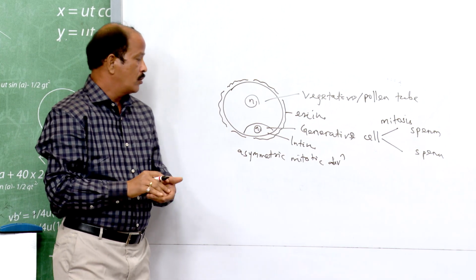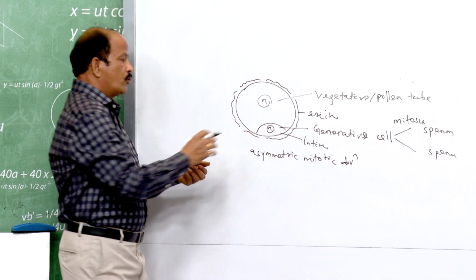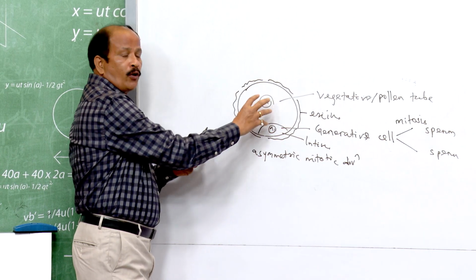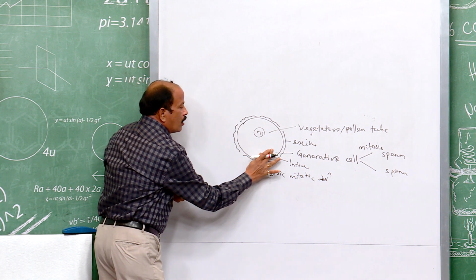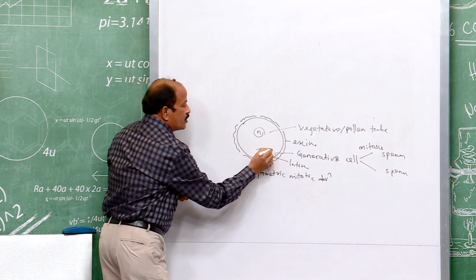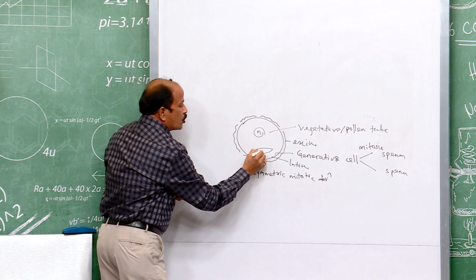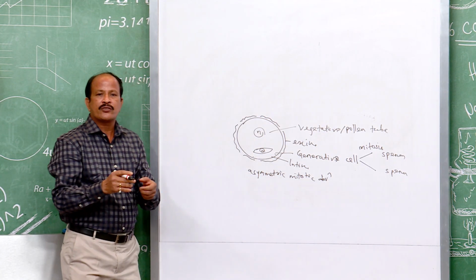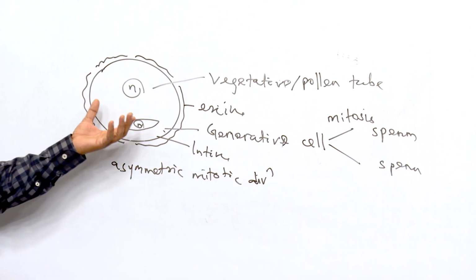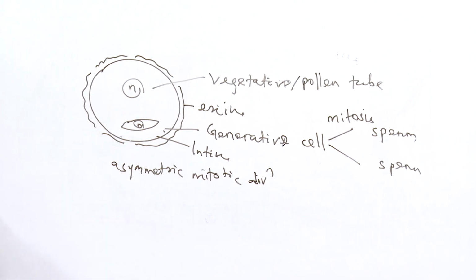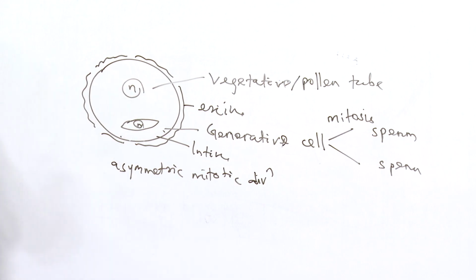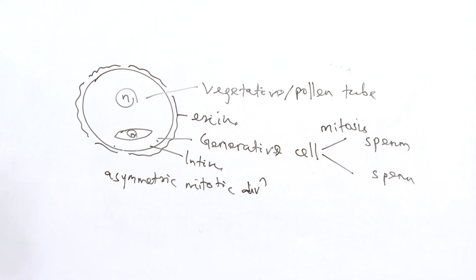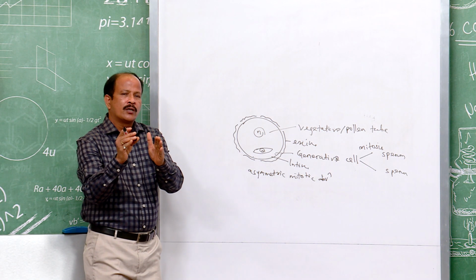Now, this is a generative cell. This cell becomes free from the cell wall, and ultimately it is a spindle shaped cell suspended in the vegetative cell cytoplasm. Why does it become spindle shaped? It is assumed that if it were a spherical cell, it may face difficulty while passing through the pollen tube, but if it becomes spindle shaped, then it is easy.